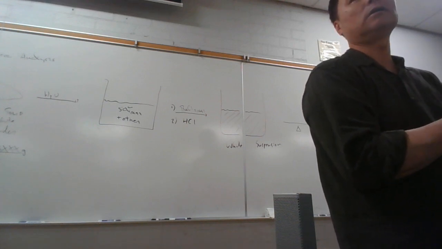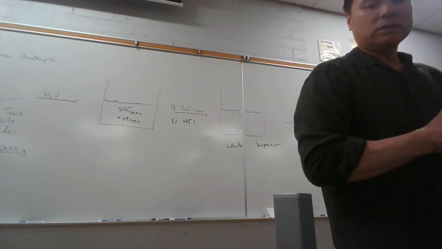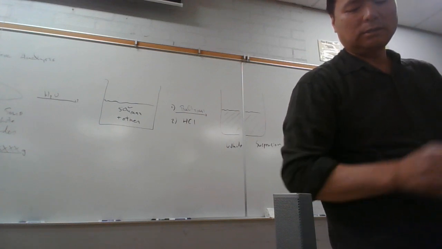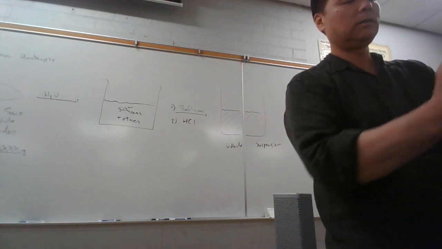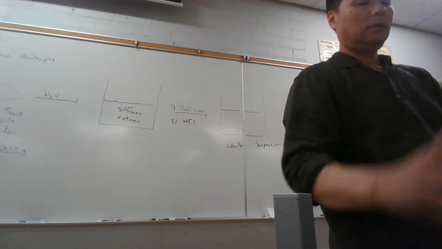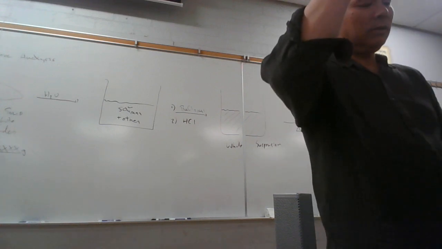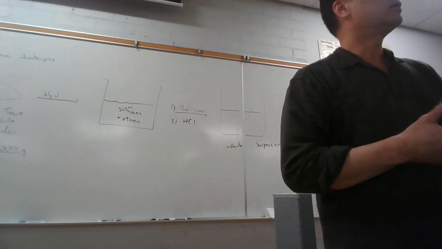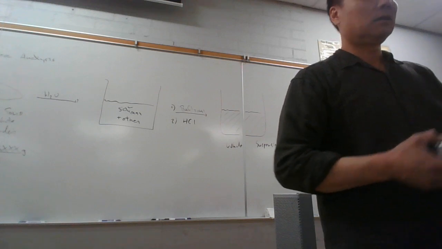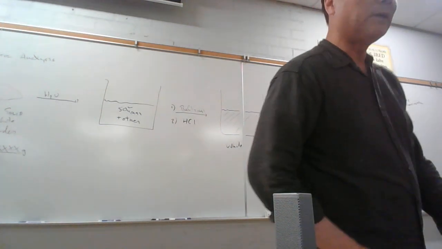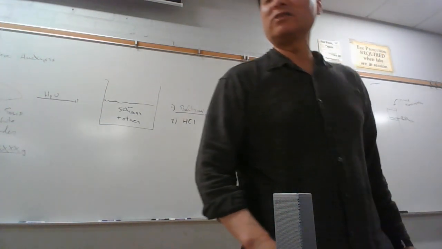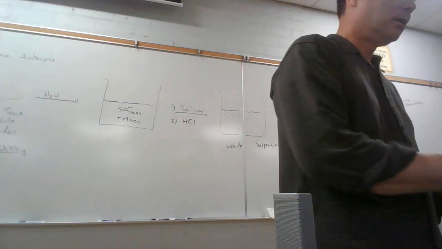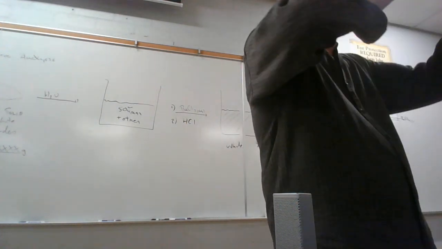No? All right, so you're going to work with a partner, and then you're going to go collect your unknown sample and whatever else you need. But the unknown samples are going to be hot, and so you'll have to get a desiccator.